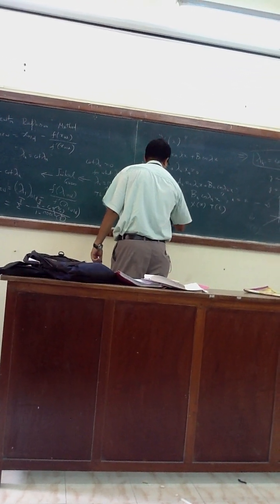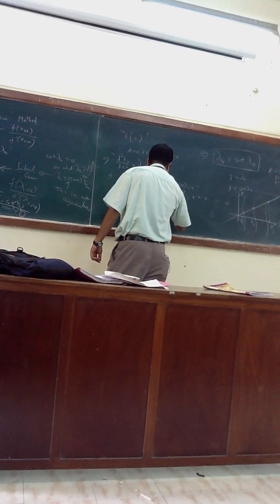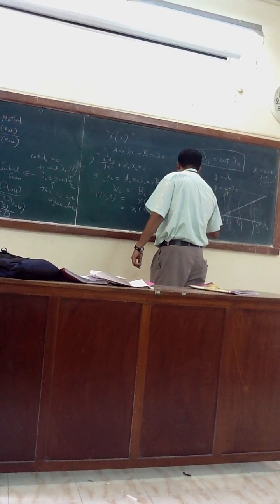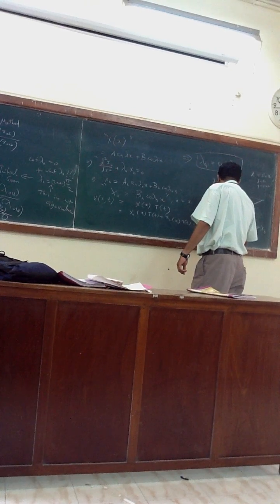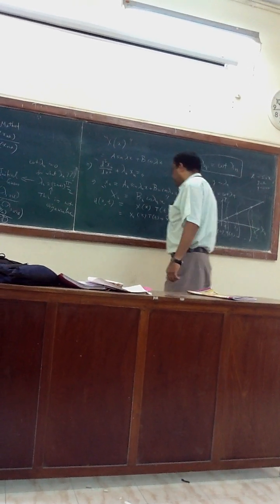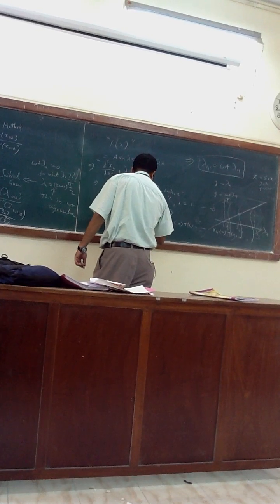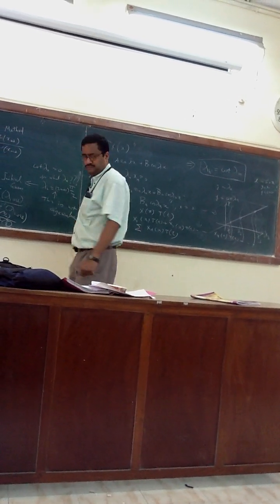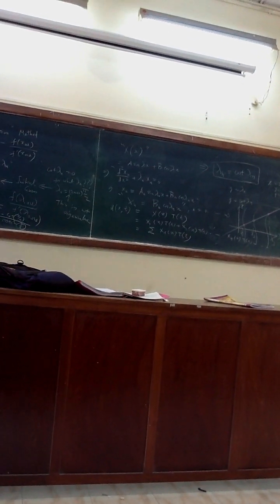That means my solution could be written as X1(x)T1(t) plus X2(x)T2(t), and we have Xn(x)Tn(t). It will go on. That means we will get the summation of Xn(x)Tn(t). That's your solution.